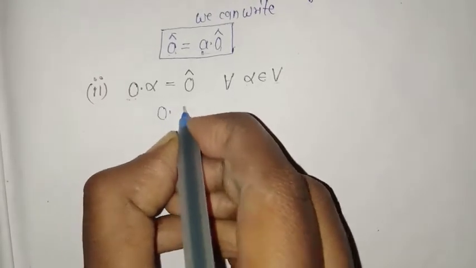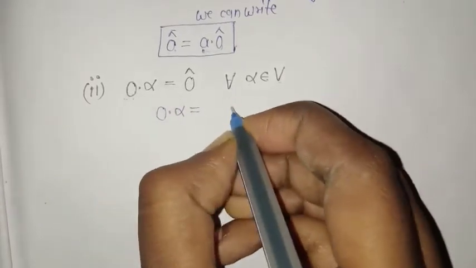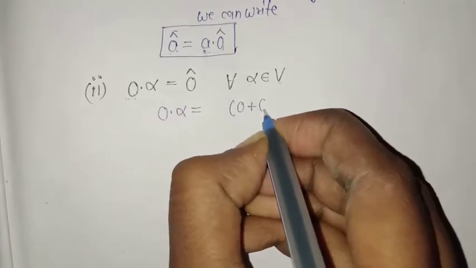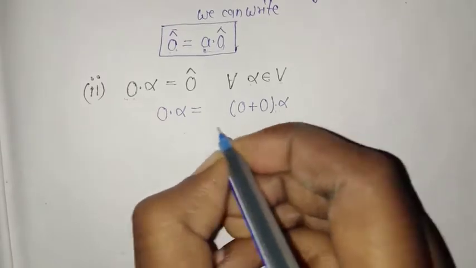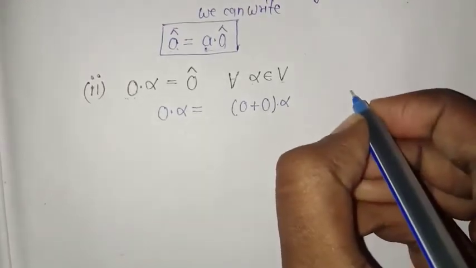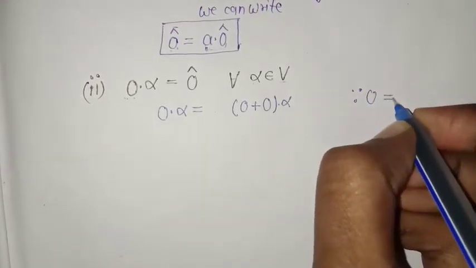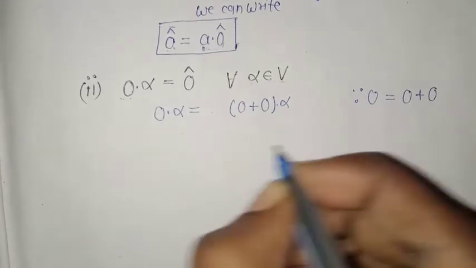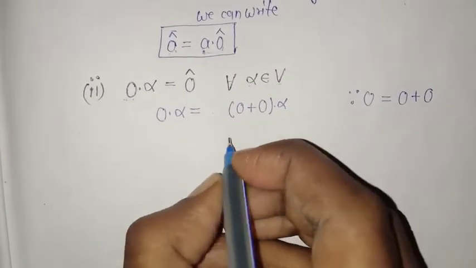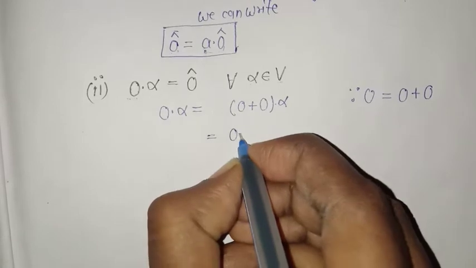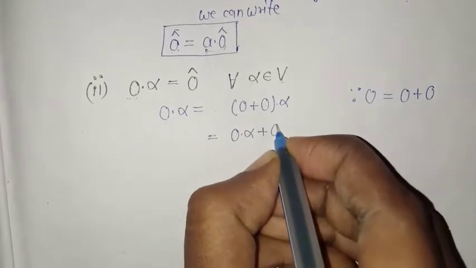So 0 dot alpha can be written as (0 plus 0) dot alpha, since this 0 scalar can also be written as 0 plus 0. If I again use distributivity, then this becomes 0 dot alpha plus 0 dot alpha.